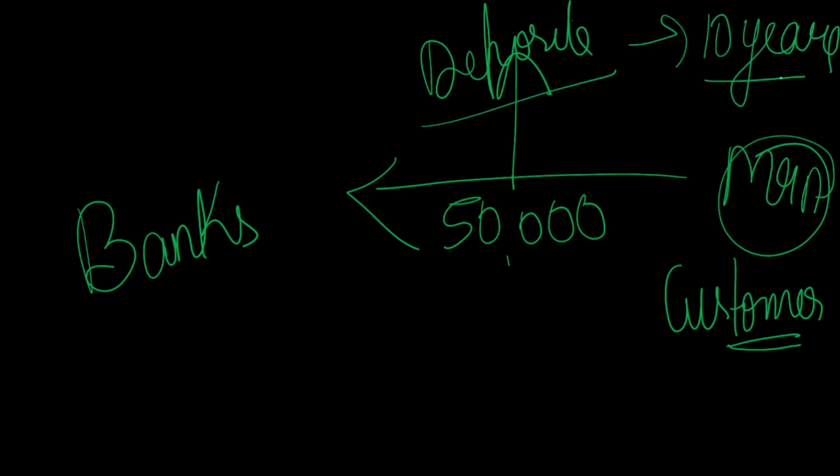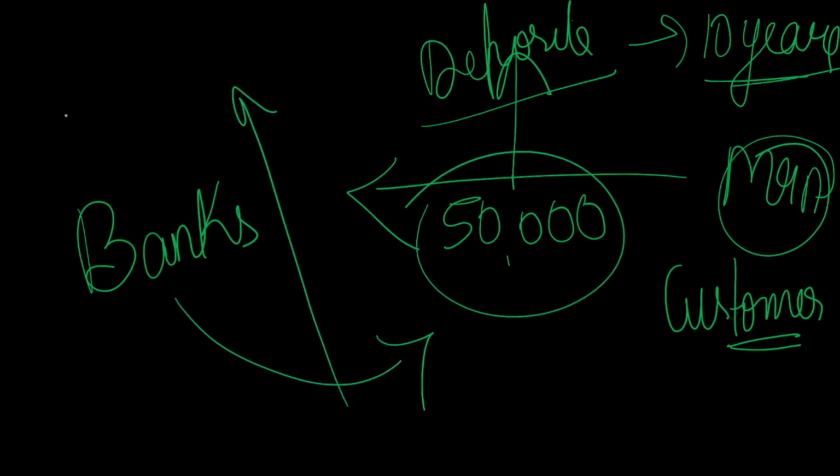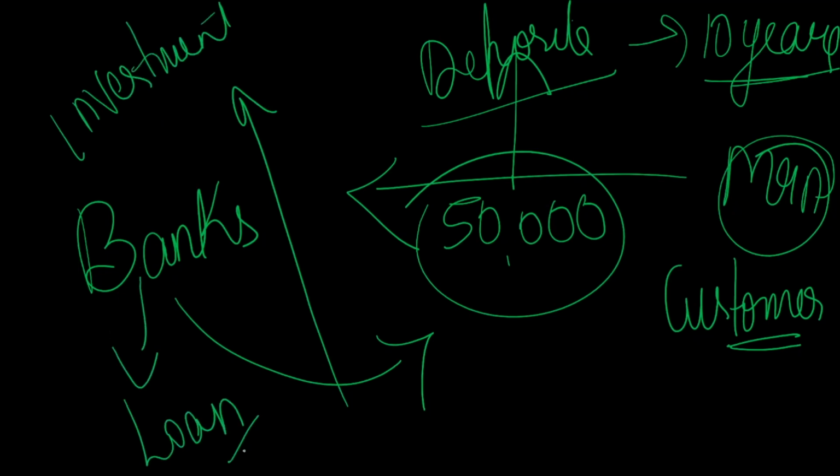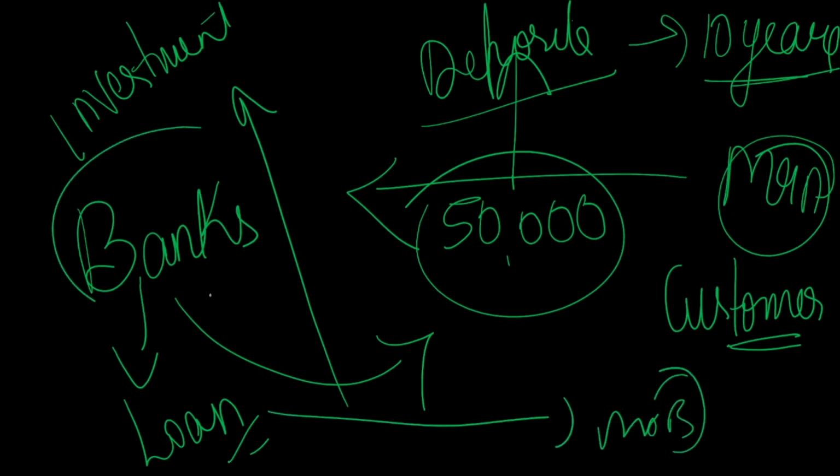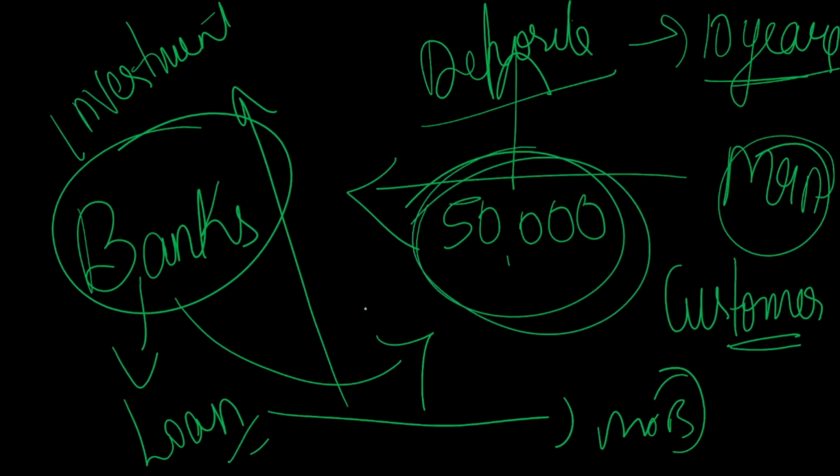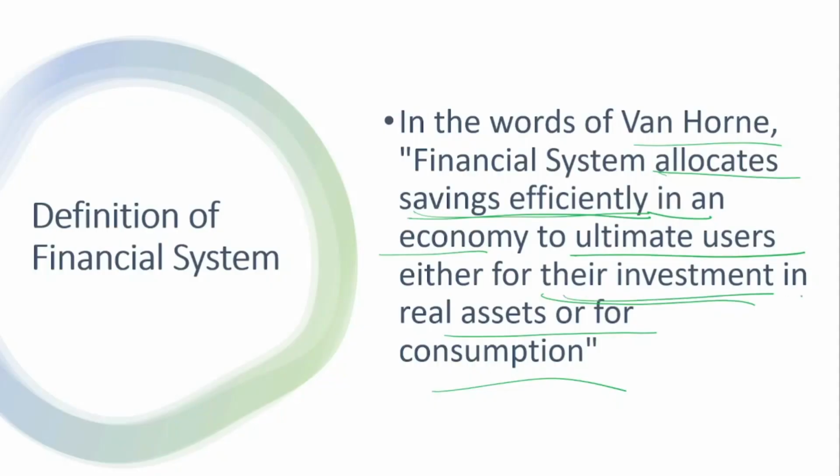Till 10 years I will not be able to take the money. The bank will take this money and invest in some other thing, or they may even use the same money to give a loan to Mr. B or some other person. That person may use that fund for investment purposes or for their consumption also. That is what they mean by either for investments or for consumption.